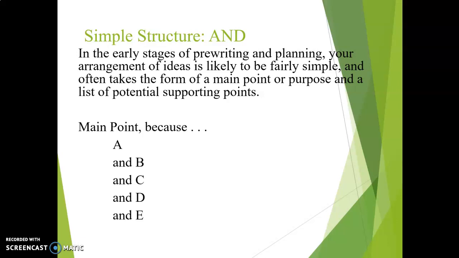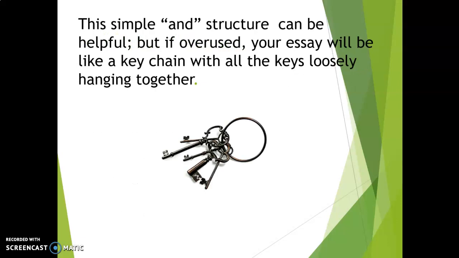Now, that's a really good start because at this point, you at least know what your supportive evidence is going to be. You at least have a sense that you have several supportive points. But this can be a bit limiting in terms of your overall structure. I think of it metaphorically, like if you put all of your ideas on one keychain, and they're all connected because that keyring is your thesis.